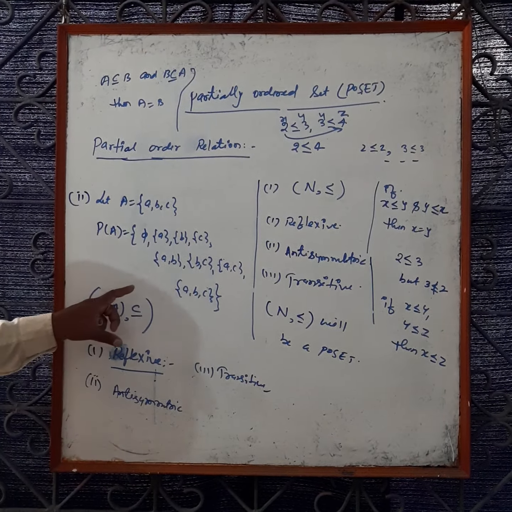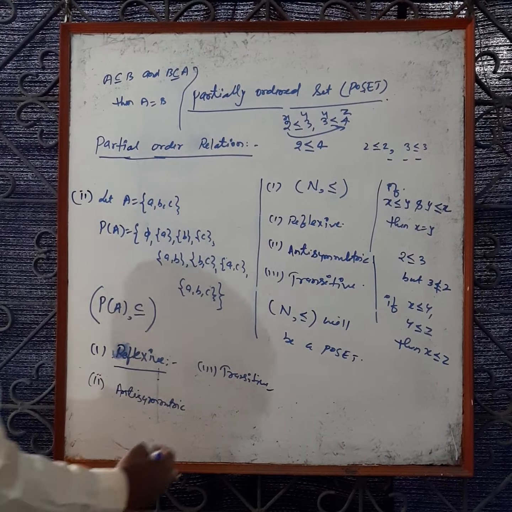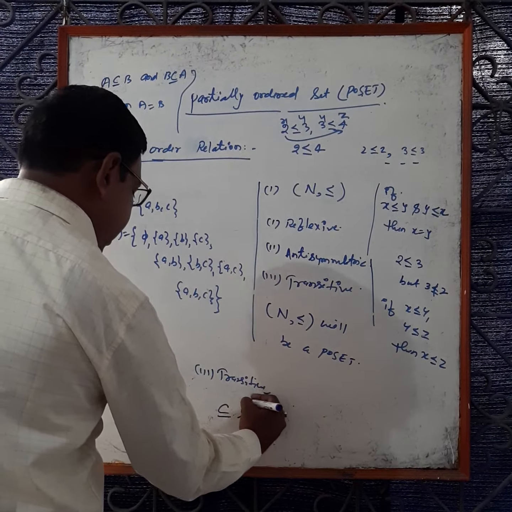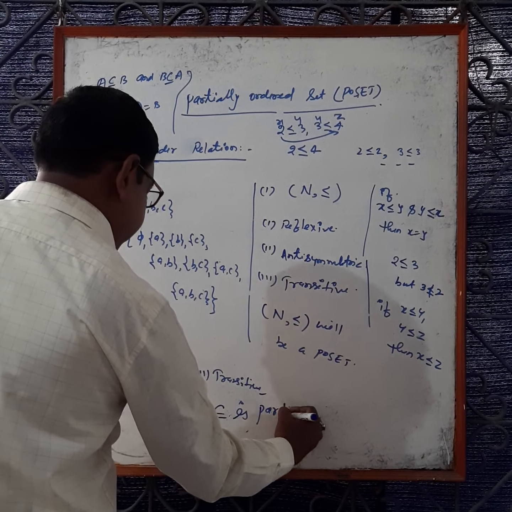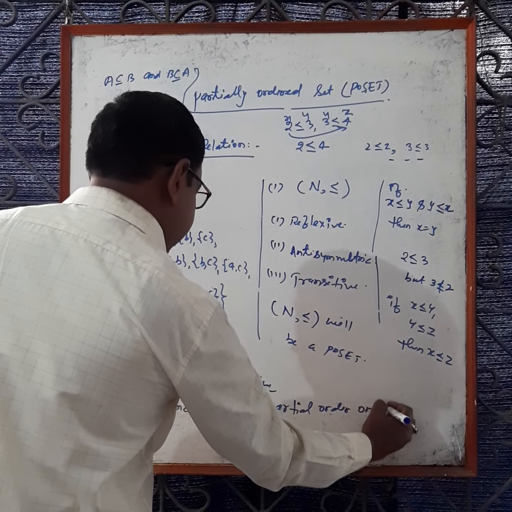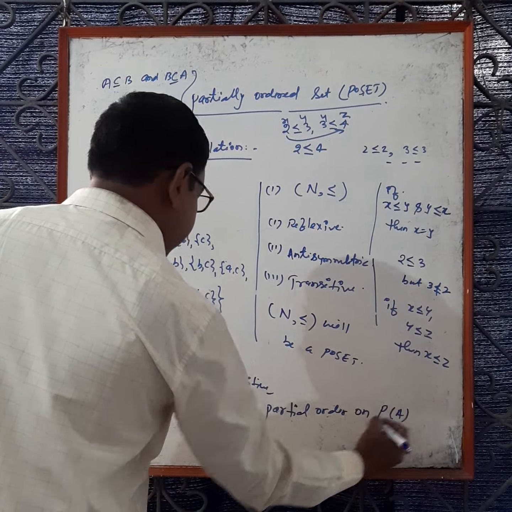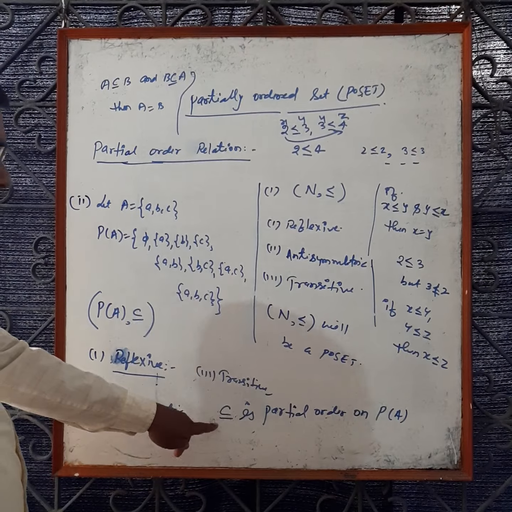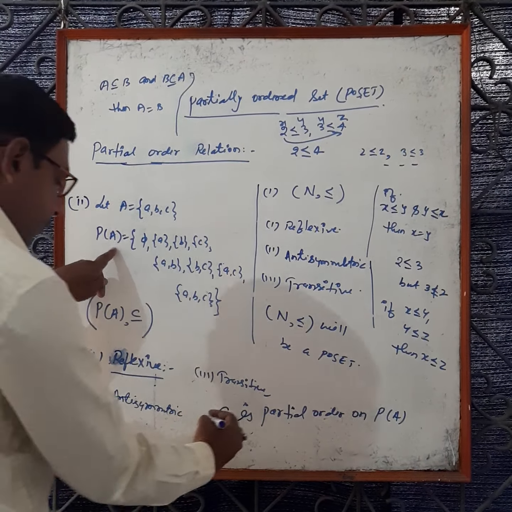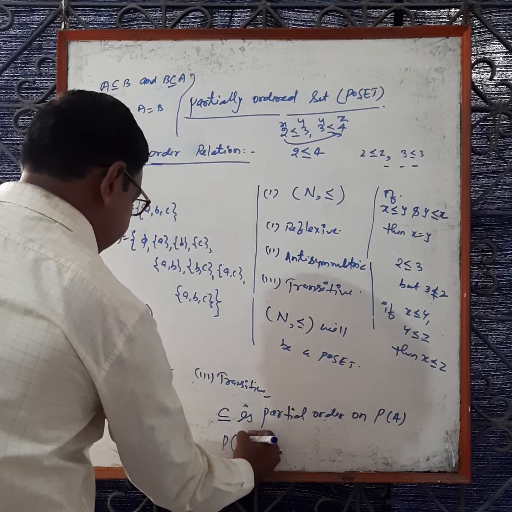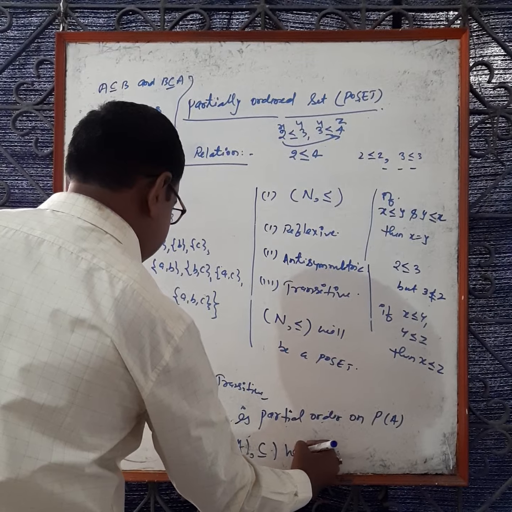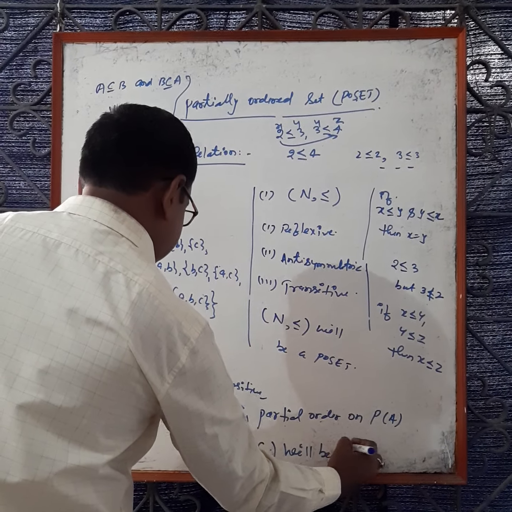This means that it follows the transitive property, and consequently, the relation of subset is a partial order on P(A). And this relation is a partial order on the given set P(A), the power set of A, and consequently we can say that P(A) under the relation of subset will be a poset.